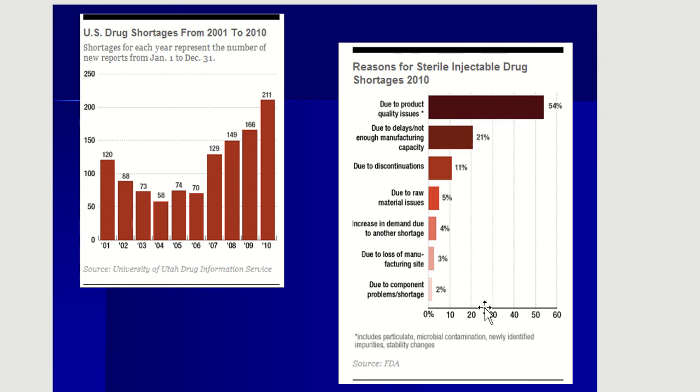However, if you move to the side chart, you will notice that what we have on the x-axis this time is the percentages and the reasons for the sterile injectable drug shortage in 2010.